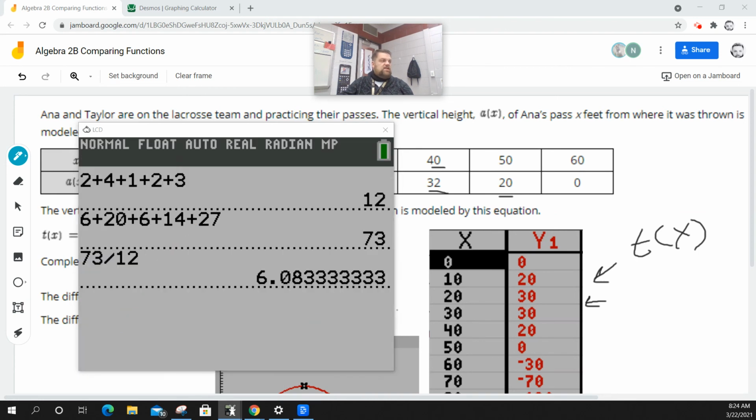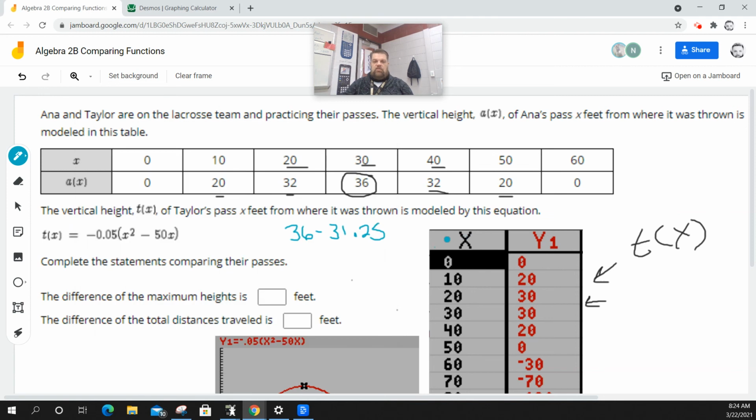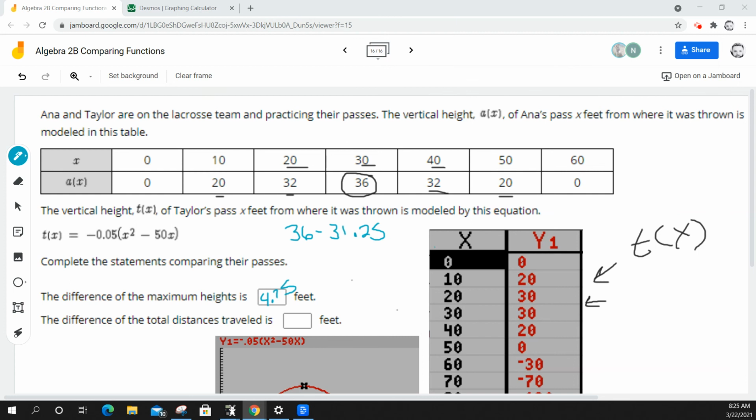So if I say 36 minus 31.25, what do we get? 4.75? Yeah, 4.75. So the difference is 4.75. Let me double check the answer. I don't know if they rounded up to 5 feet or not.